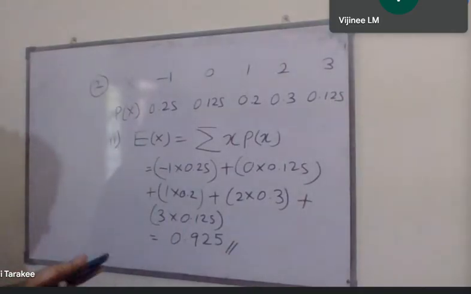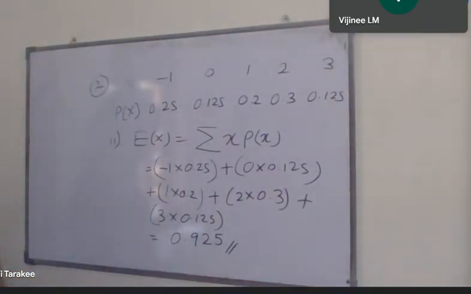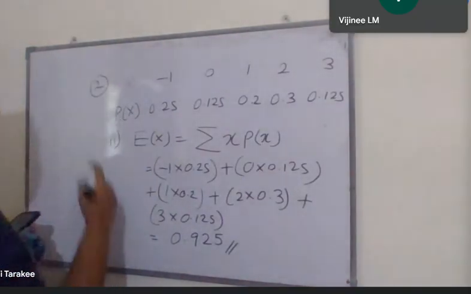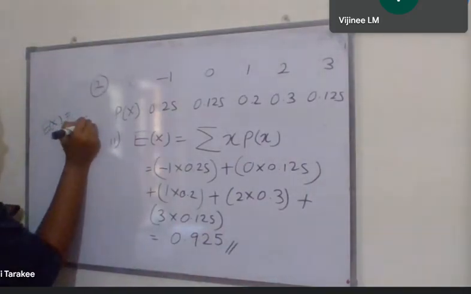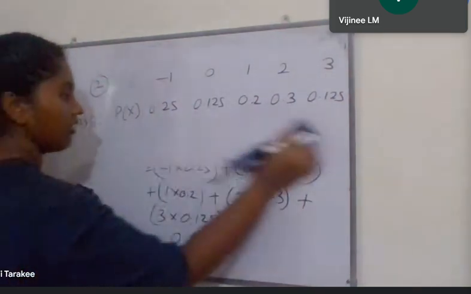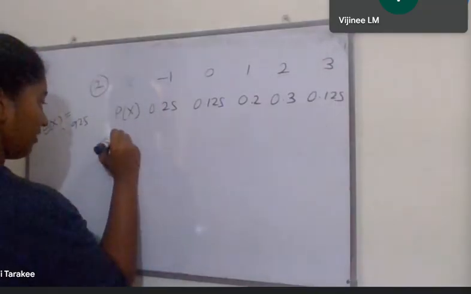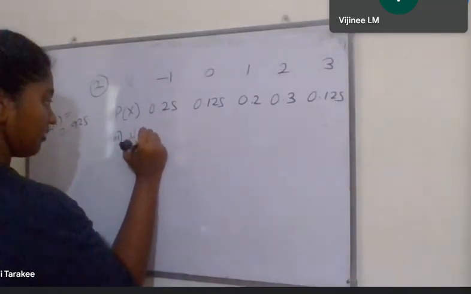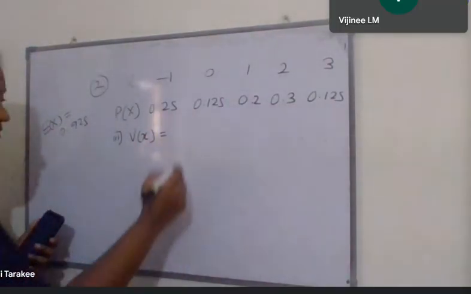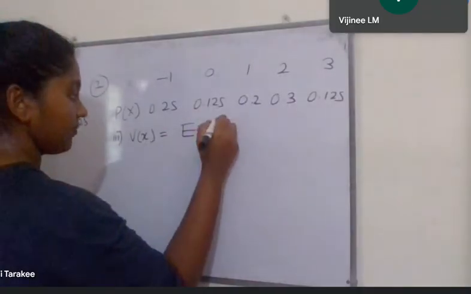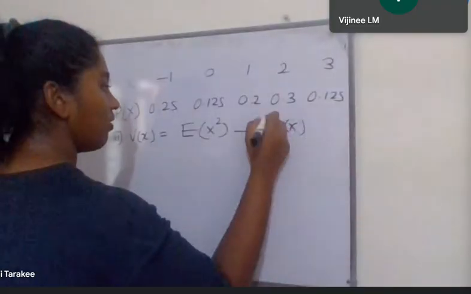Then next one is find the value of V(x). Okay, I'll write here E(x) equals 0.925. V(x) means variance of x, the formula is E(x squared) minus E(x) whole thing squared.